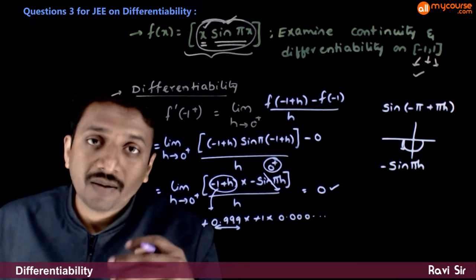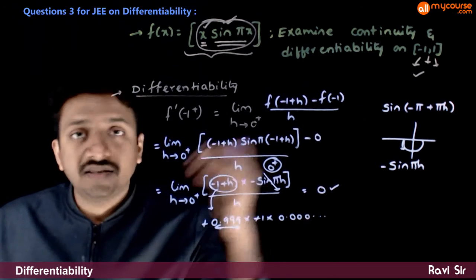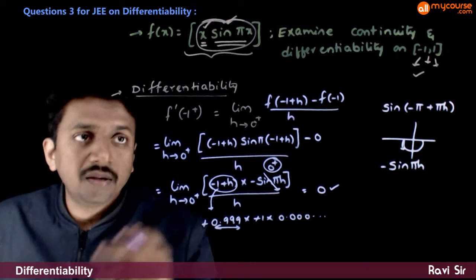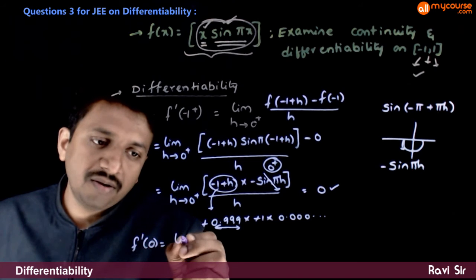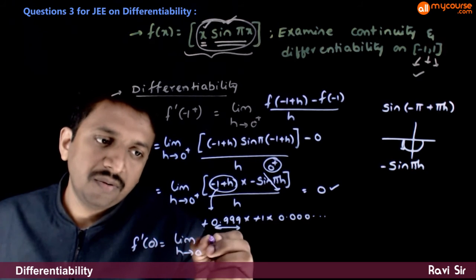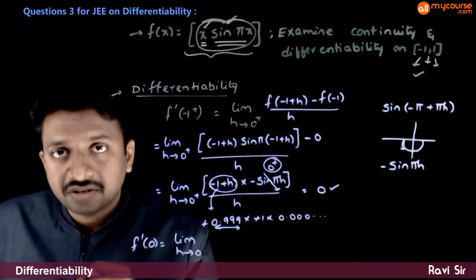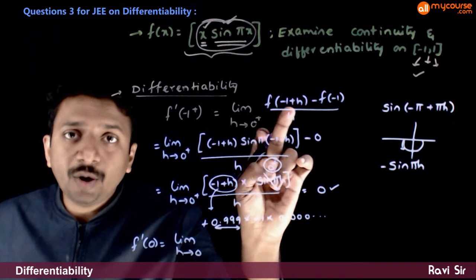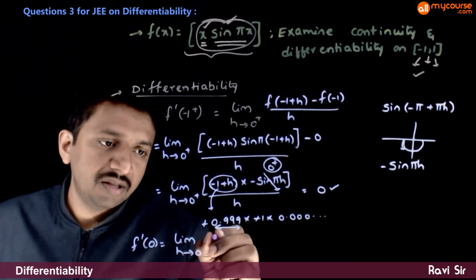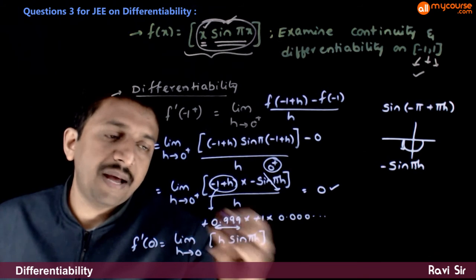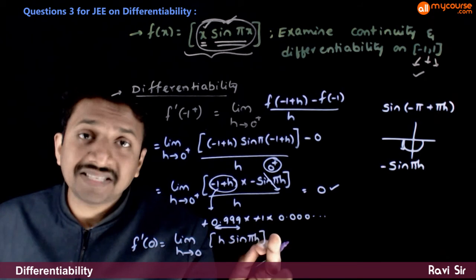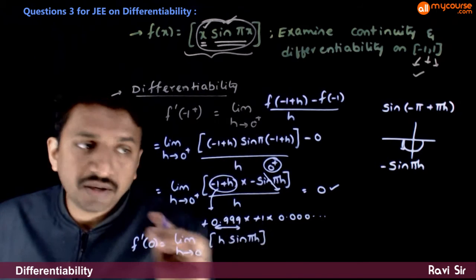Now let us look at what happens at x is equal to 0. So what is f dash at 0? That is equal to limit h tends to 0 of f of 0 plus h, minus f of 0, by h. f of 0 plus h is nothing but f of h, that is the integer part of h sine pi h, and f of 0 is 0.